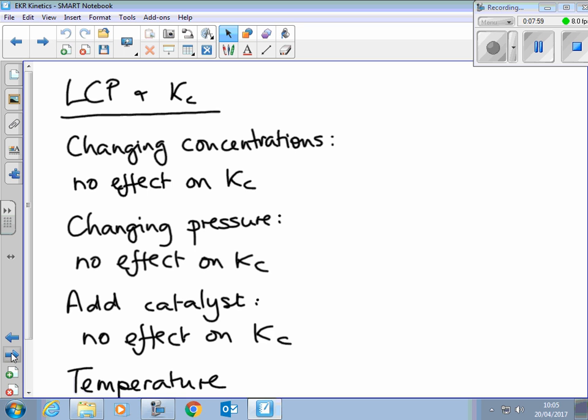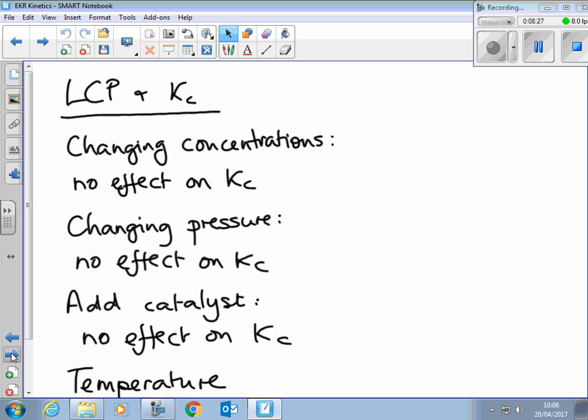And that, of course, is where you have to start considering whether it's an endothermic or exothermic reaction, using my idea of taking heat as a reactant or a product. It's a reactant in an endothermic reaction, it's a product in an exothermic reaction. That's not a standard way of thinking about it, but I think it helps you understand what the effect will be.